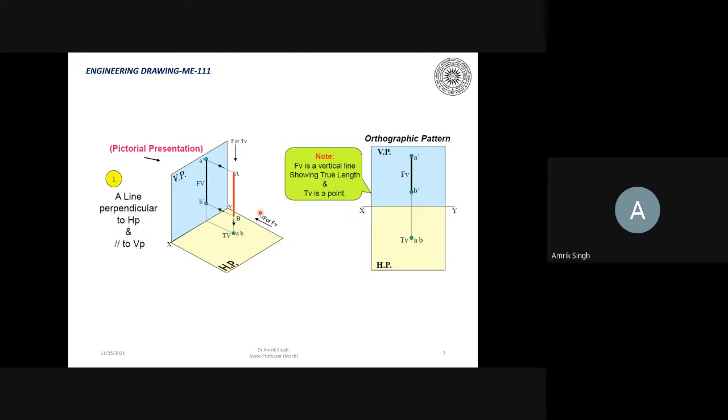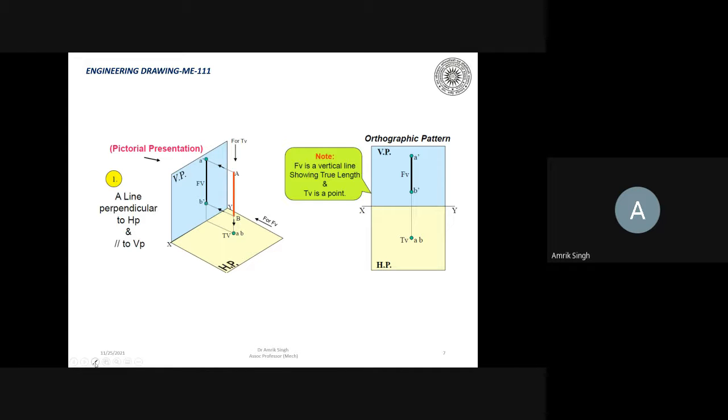And if you see from this side, it will show the front view. The front view will be made on the vertical plane. So the projection of A will be A dash or A prime and B will be B dash.